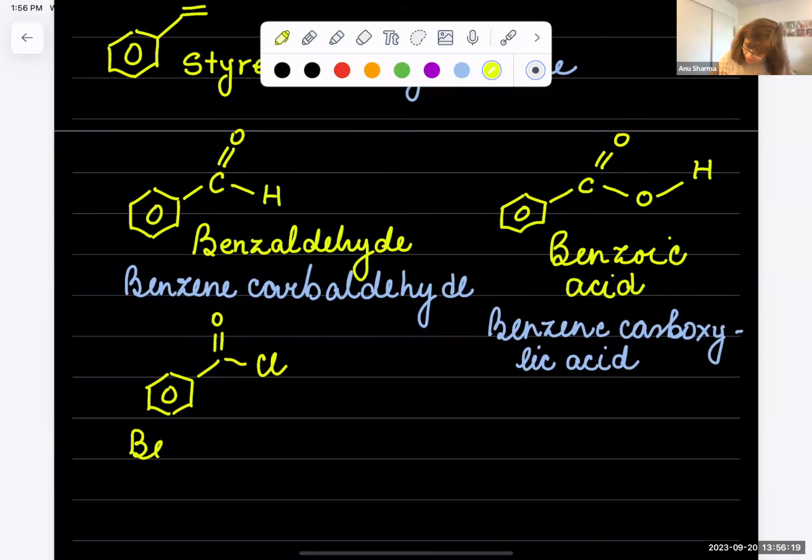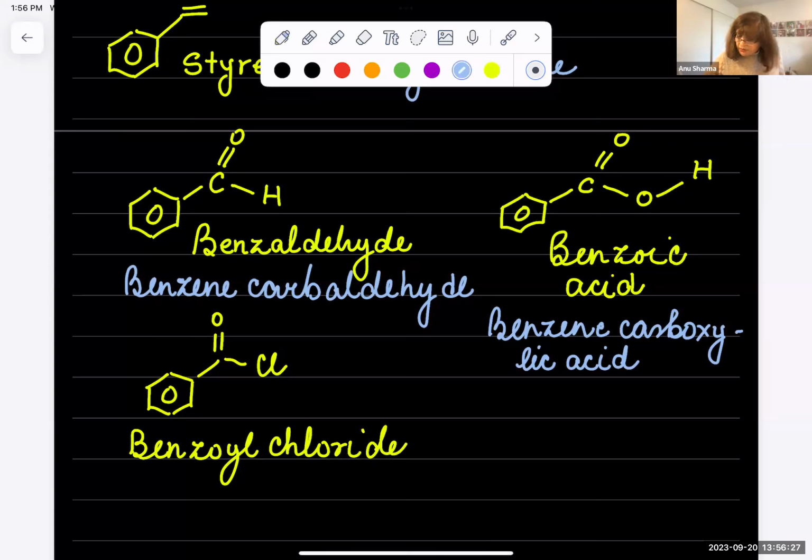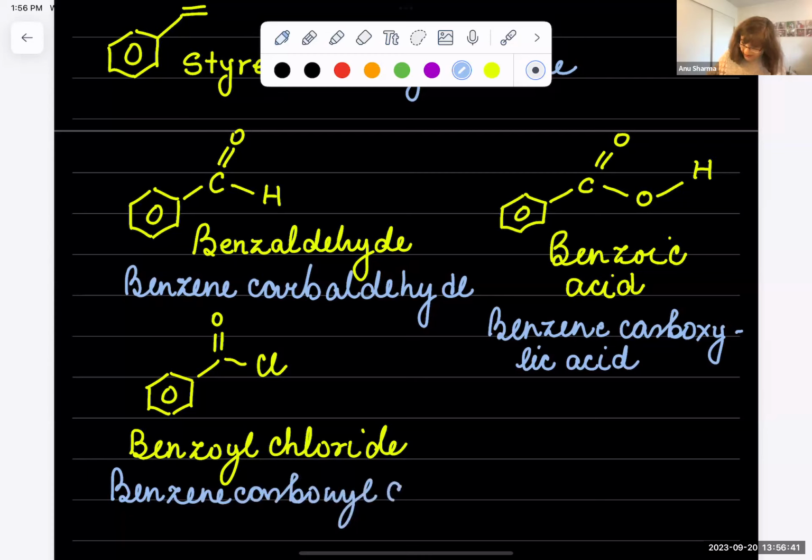The parent is benzoyl chloride, and if you have a substitution, you write down benzoyl chloride and then the substitution. So this becomes benzene carbonyl chloride.